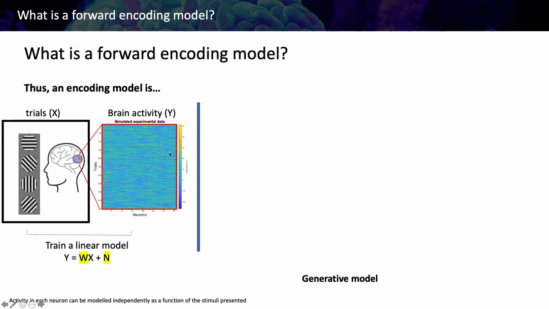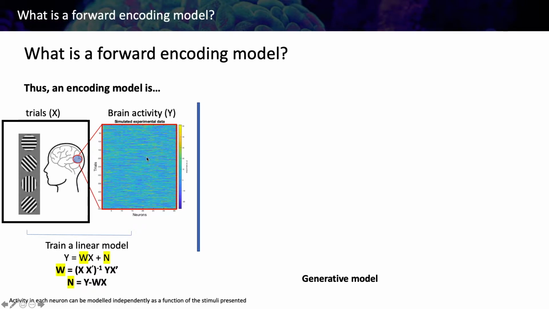If we imagine that brain activity is Y and the trials are the regressors in a multiple linear regression problem, you can calculate the weights just using the brain activity measure and then your regressors, which are the stimuli. And once you get the weights, the last element that you need is the noise, that you can also calculate based on the weights, the Y activity, and the stimuli that you have presented.